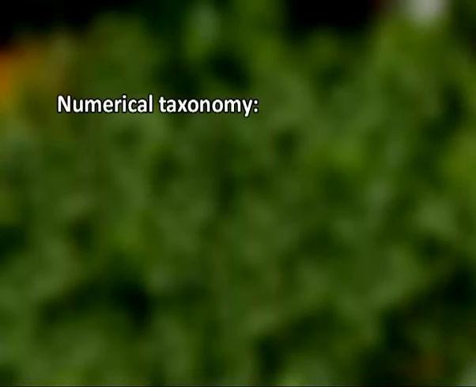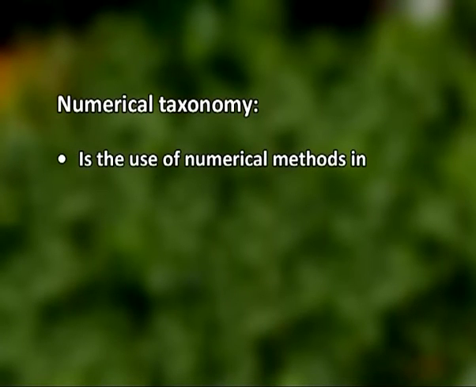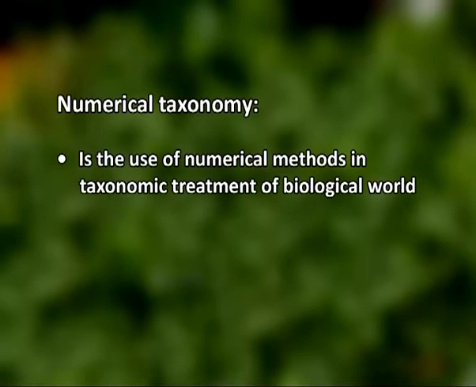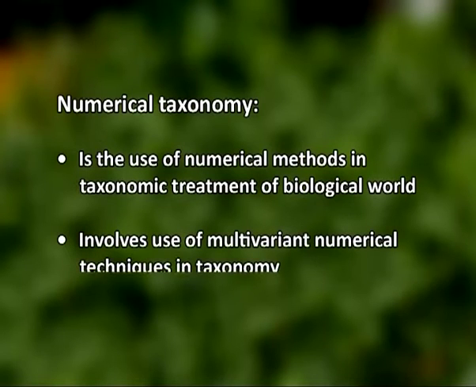Numerical taxonomy is the use of numerical methods in taxonomic treatment of the biological world. Numerical taxonomy involves use of multivariate numerical techniques in taxonomy. Morphology or other observable traits form the basic criteria for this classification, and evolutionary relationship is not taken into account.